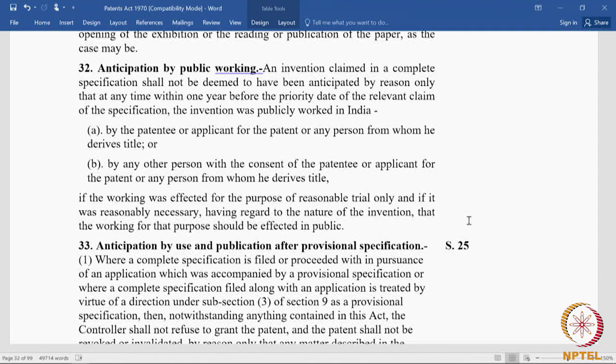There is no way you can drill a huge tunnel in a private property, and it is not required also. So, drilling tunnels across mountains, across hills, cutting land and making deep tunnels, the machines that are being used can only be tested, even for reasonable trial, in a public space.